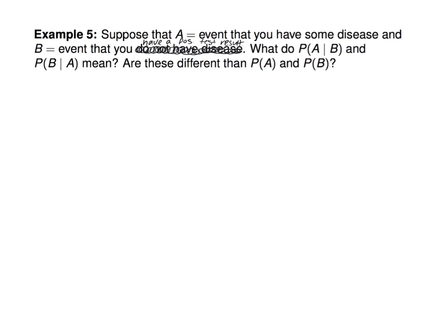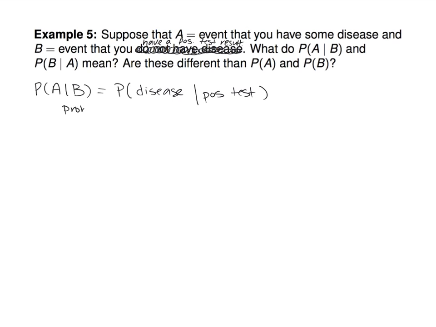What do P of A given B, P of B given A, what do these things mean? So P of A given B. So what is A? You have disease. So probability of disease given that you got a positive test result.